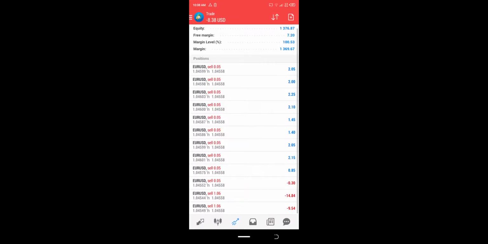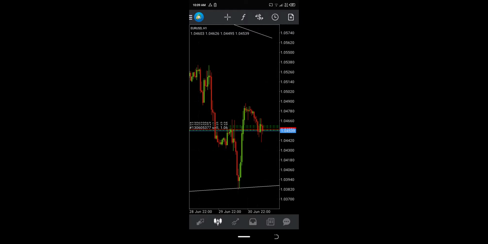So guys, as you can see, I entered two sell positions with a high lot size, and I'm in some losses, but some profit. Hopefully the market is starting to go bearish.